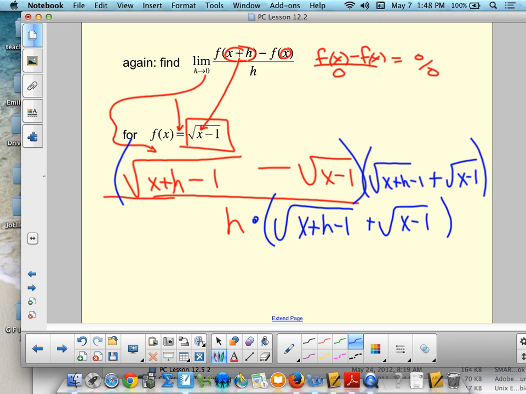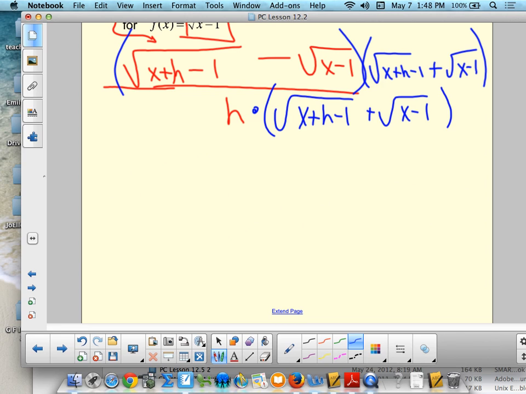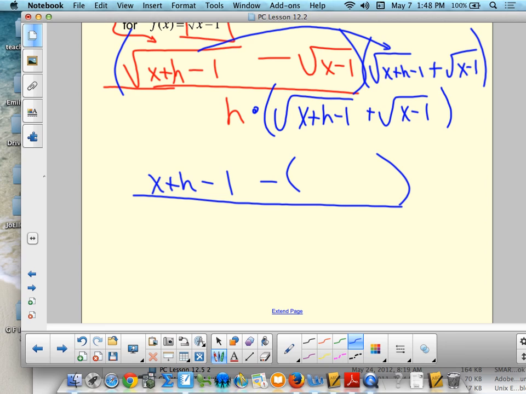The nice thing about conjugates, you just have to do first, last. So first, that times that is x plus h minus 1. Done. The second one, be very, very careful, guys. What's a negative times a positive? Negative. So you're going to get a negative answer. But the answer is not just a number, it's an expression.